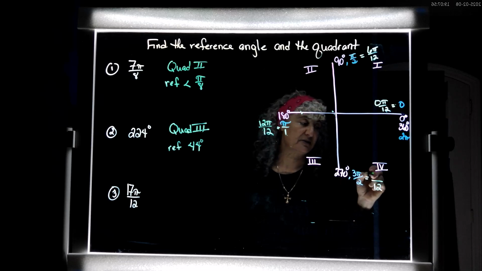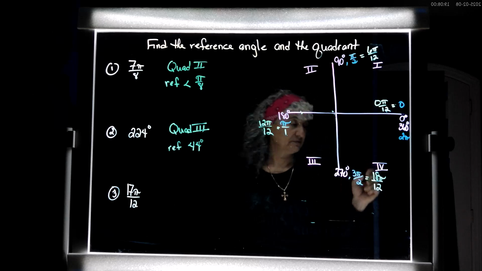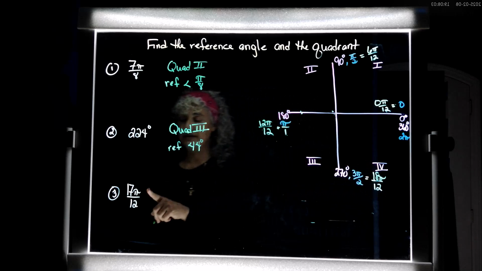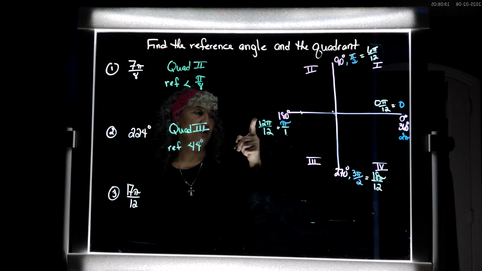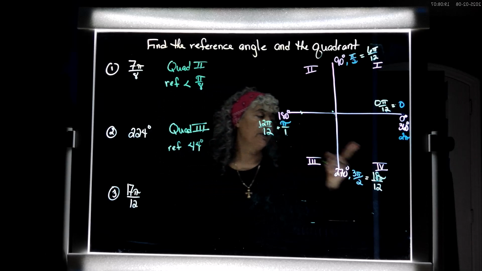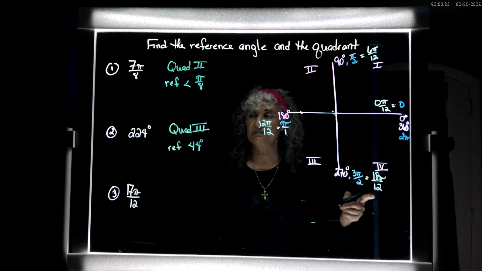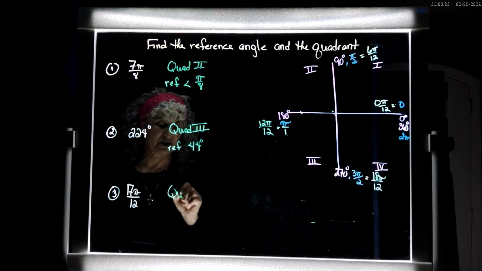So multiply by 6, right? 18 pi over 12. Oh! Doesn't 17 pi over 12 fall between 12 pi over 12 and 18 pi over 12? Then this is a quadrant 3 angle.